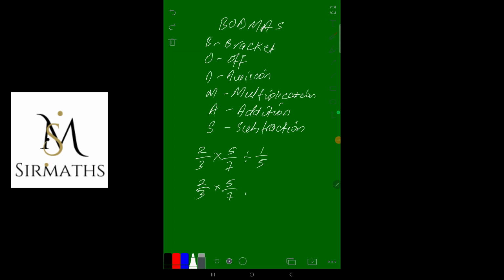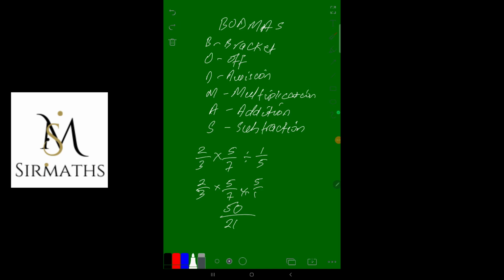Remember what we said when we are dividing a fraction with a fraction. We introduce multiplication for the division and use the reciprocal of the divisor, which is now 5 over 1. We now multiply. Here we have 2 times 5 is 10, 10 times 5 is 50, over 3 times 7 is 21, times 1 remains 21.